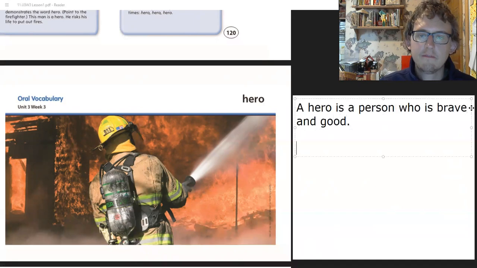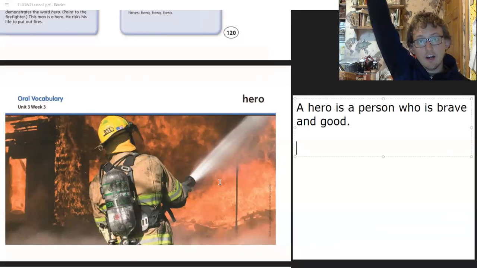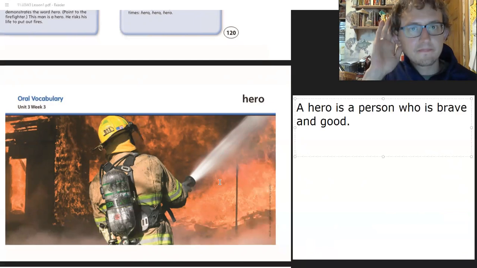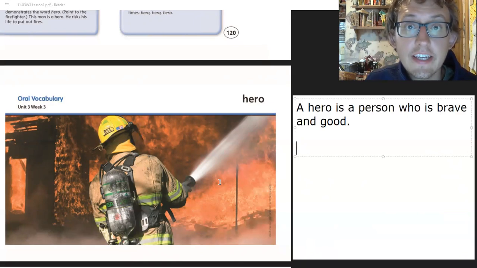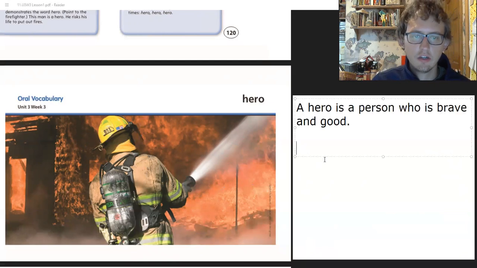So this is a firefighter, right? Can anyone tell me what he's doing? If you know, raise your hand. Okay, I want you to tell me. Yes, he's fighting a fire, right? We can see the fire and he's shooting water out, right?